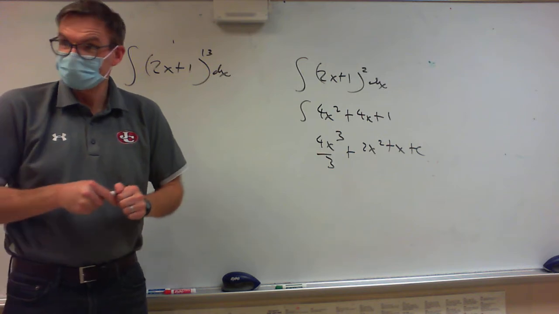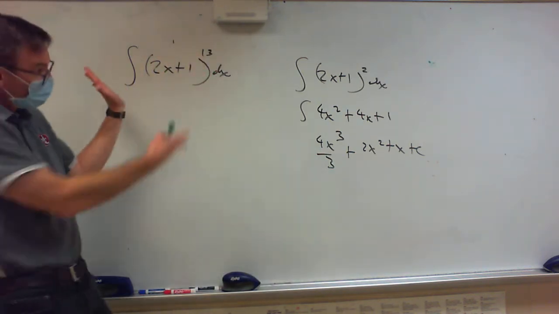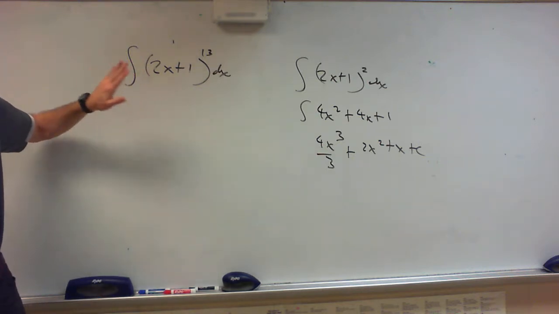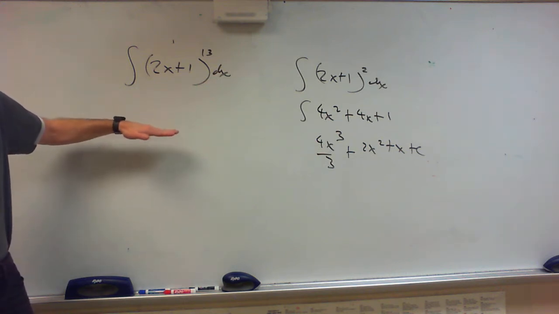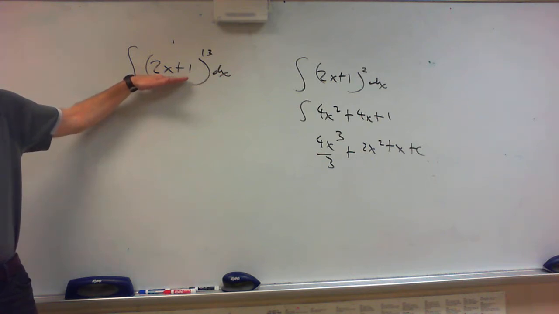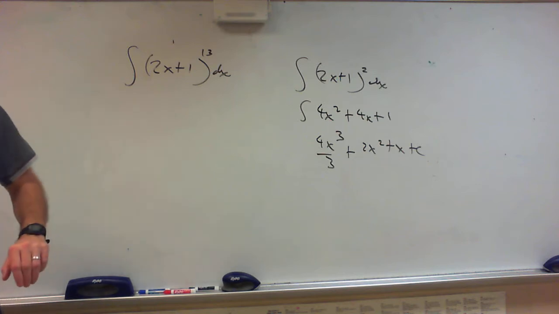Got it? All right? So actually, if you haven't written everything down, I do want you to write this part down. Here's how I want you to think about this. Your goal in an integral is you're trying to think of something here that when you take the derivative, you get this. That's always your goal, right? And when you look at this, can everybody see this is stuff to the 13th power?